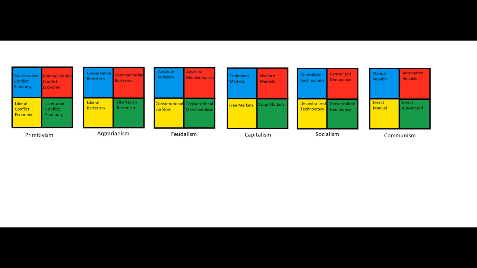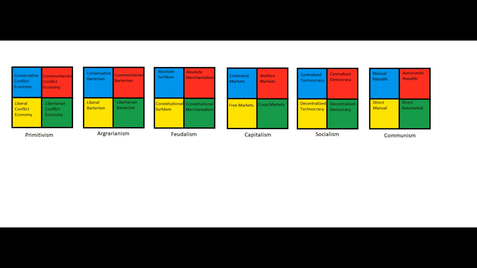So the left of our agrarianism comprises conservative barterism and liberal barterism. Basically, what that means is that the villages are only semi-permanent. They move around and plant multiple gardens, and every year they come back to their old garden and pick it, basically.